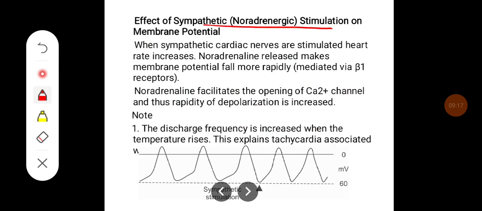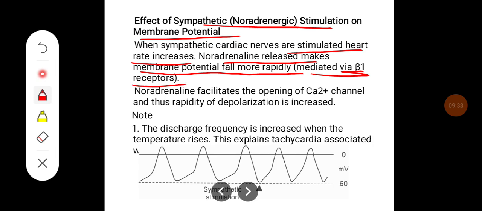Effect of sympathetic stimulation on membrane potential. When sympathetic cardiac nerves are stimulated, heart rate increases. Noradrenaline released makes membrane potential fall more rapidly, which is mediated by beta 1 type of receptors. Noradrenaline facilitates the opening of calcium channels and thus rapidly depolarizes.